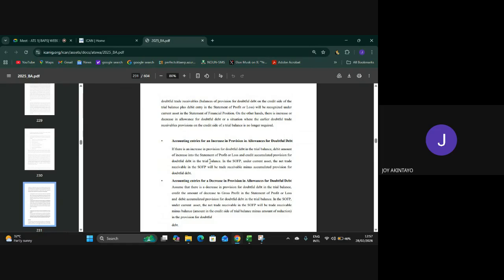Now, how do we account for a decrease? Let's assume at the beginning of the period, we estimated 300,000 naira to be our provision for doubtful debts.